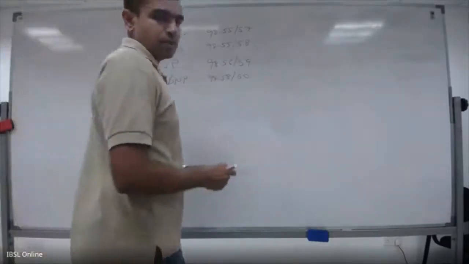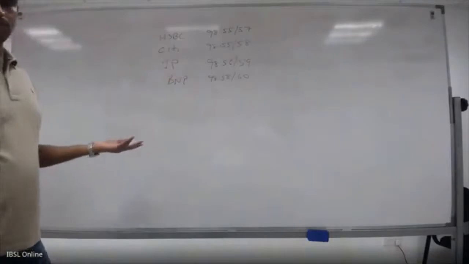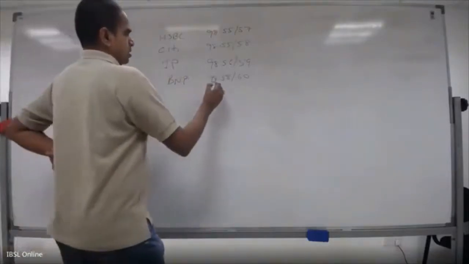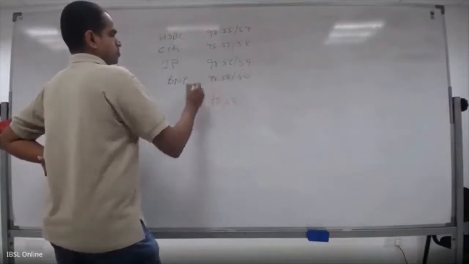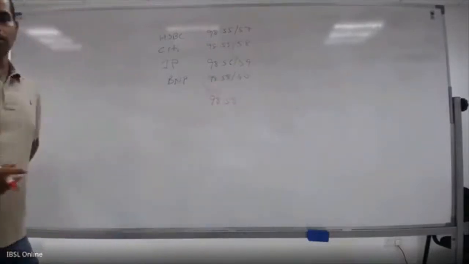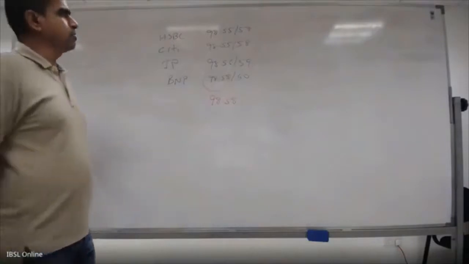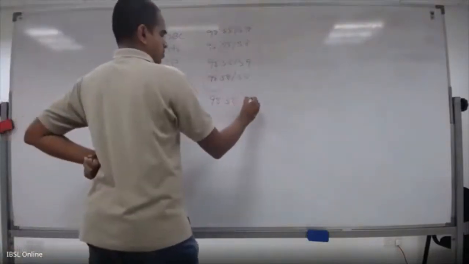It is 98.58. If you are going to sell dollars, you will sell at the highest bid, which is 98.58. Then, if you want to buy dollars, you will buy at the lowest possible offer, which is 98.57.